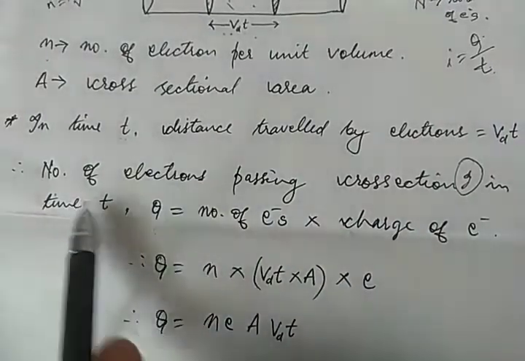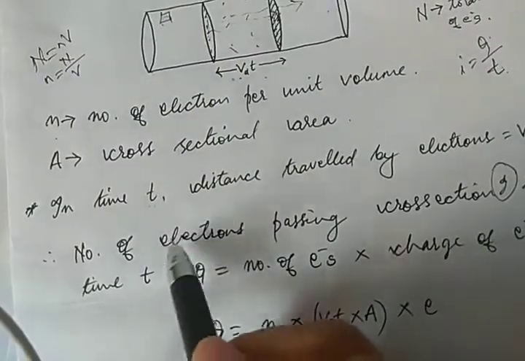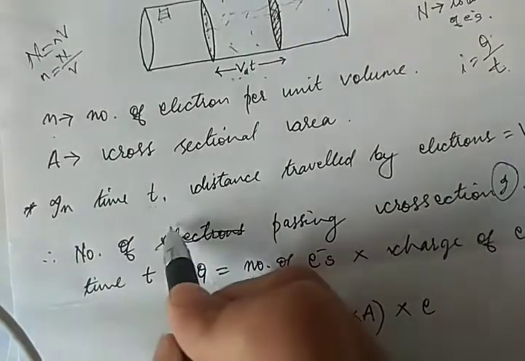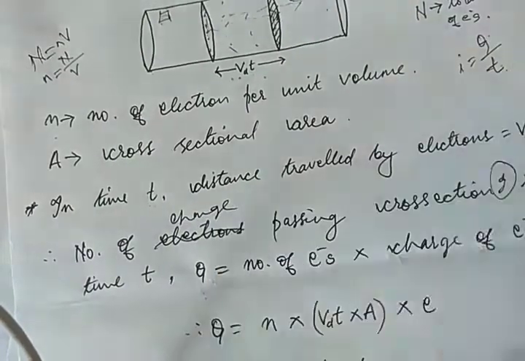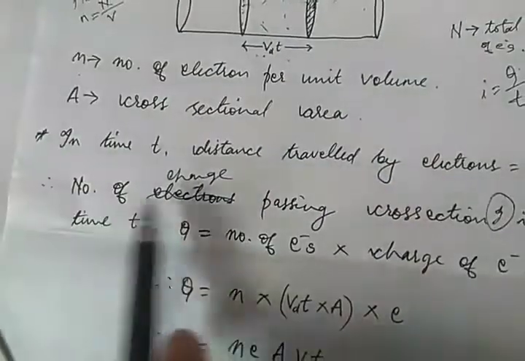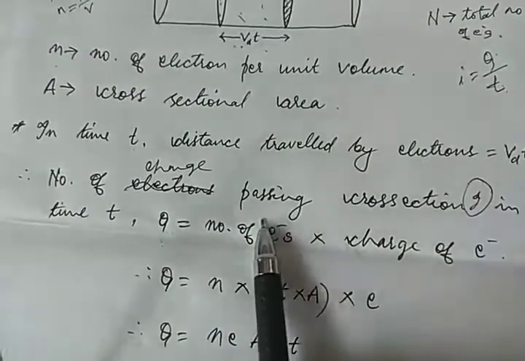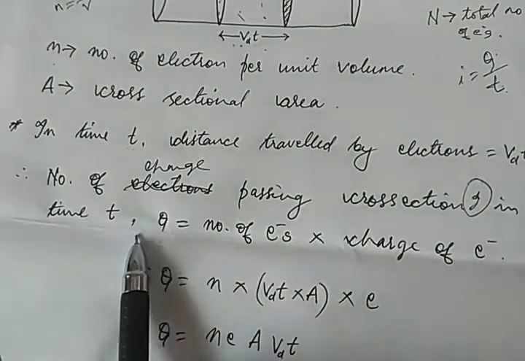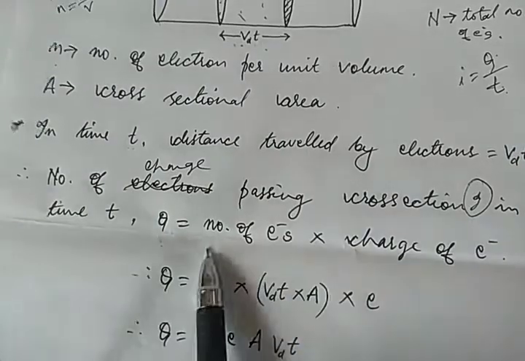Let me not write electrons, let me write charge here. The total charge passing through cross section 2 in time t, let us call that q, is the number of electrons times the charge of the electron.